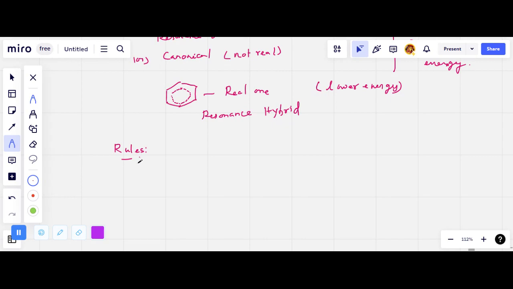The first rule: while writing resonance structures, the arrangement of atoms must be identical, or almost the same, in every resonance structure.